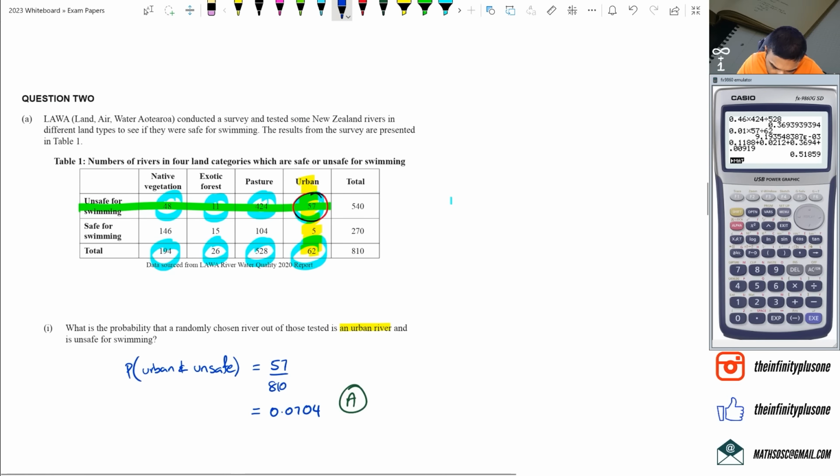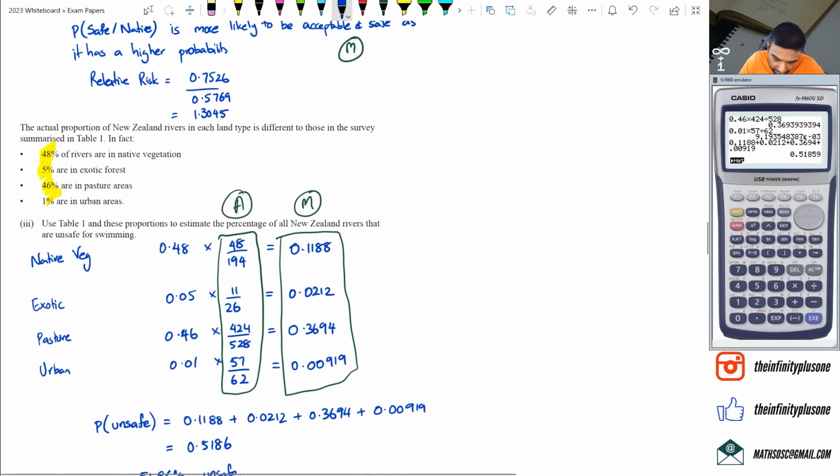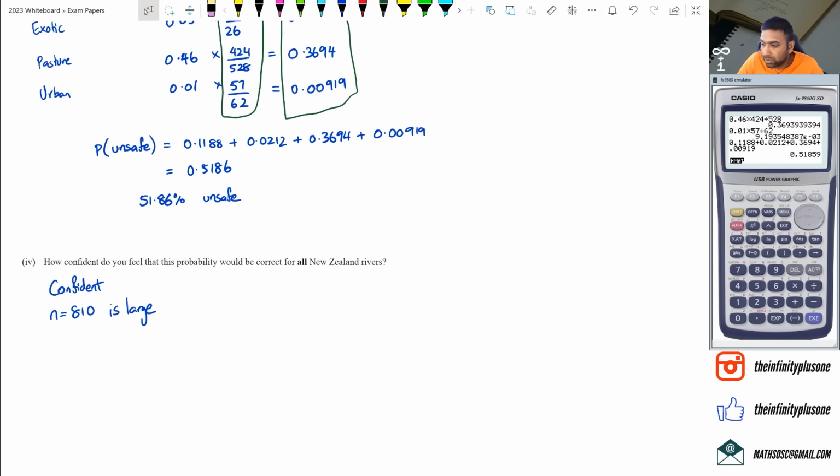Who is LAWA? Land, Air, Water, Aotearoa. So you would expect that because of that, you could support how confident you are. So that's when you say that you are confident, because you've got a large sample and it's collected by LAWA.